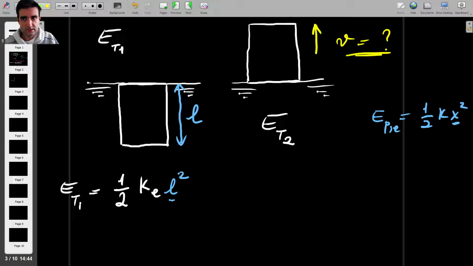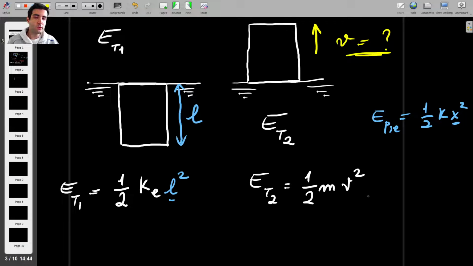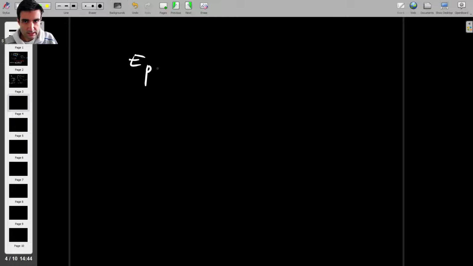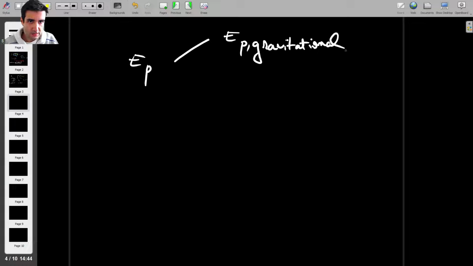In this scenario, the total energy actually has two components. First of all, there's no more elastic potential energy because there's no more cylinder underneath the water surface. So we have kinetic energy, which is 1/2 mv squared, but we also have gravitational potential energy. Keep in mind that in terms of potential energy, there are two types: gravitational, and then there is elastic.